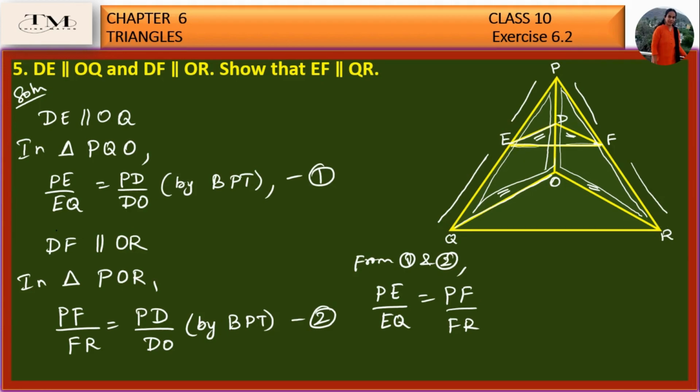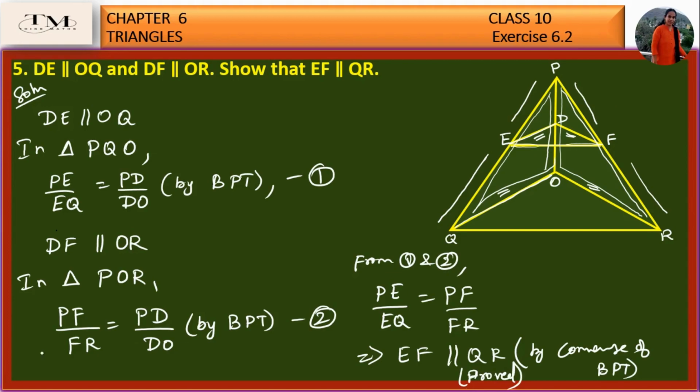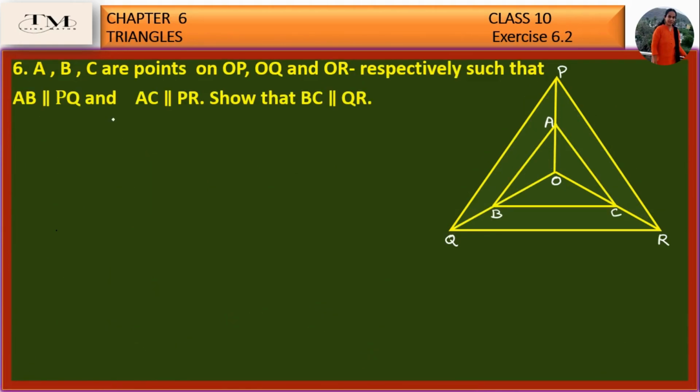So we have EF parallel to QR by the converse of BPT. This is what we have to prove, and we have proved it. Okay, understood? So let me go to the next problem.